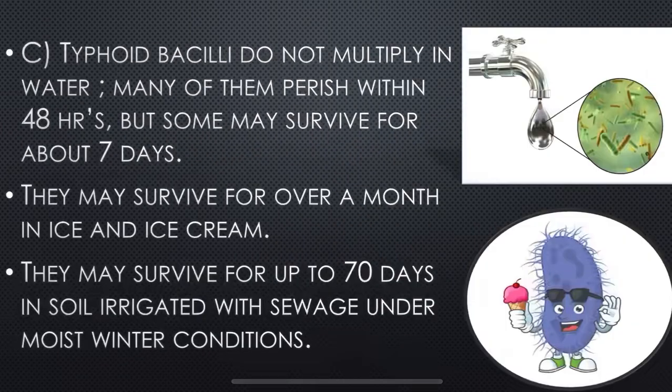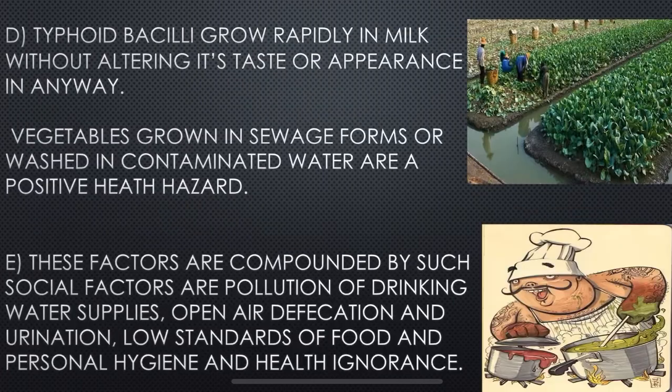They may survive for up to 70 days in soil irrigated with sewage under moist winter conditions. So the moist conditions and rainy seasons are all favorable conditions for the bacilli, and they survive up to 70 days in soil irrigated with sewage under moist winter conditions.